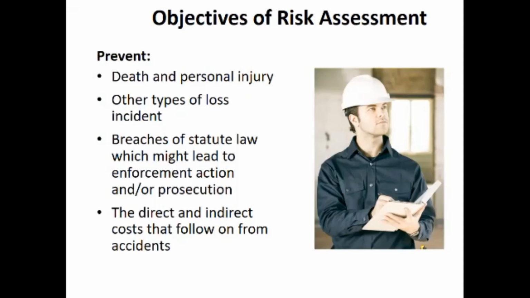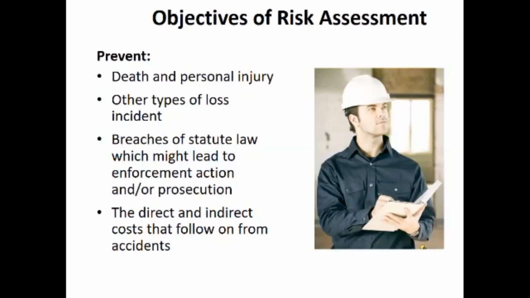And also the direct and indirect costs that follow on from accidents. Okay, if one simple accident happens, the consequences are automatically more: death, maybe personal injuries, maybe some of the items are broken, not working, and also the government may take punishments or enforcement actions.